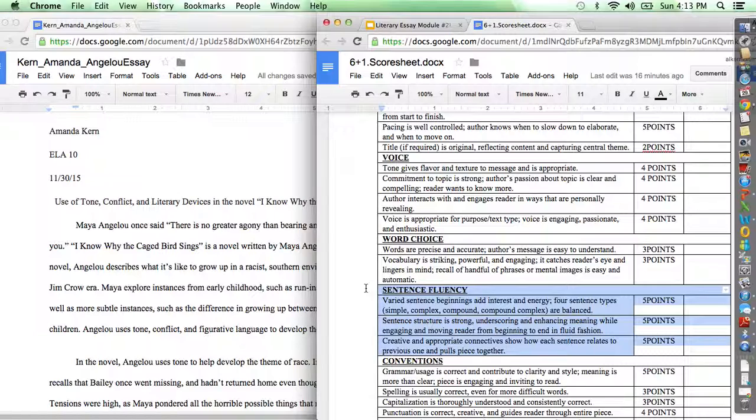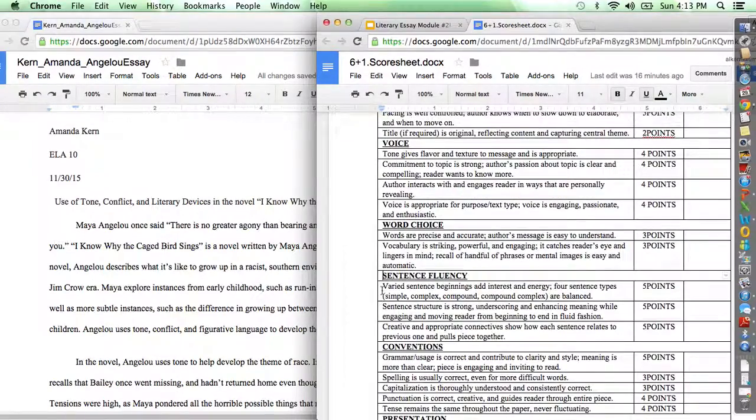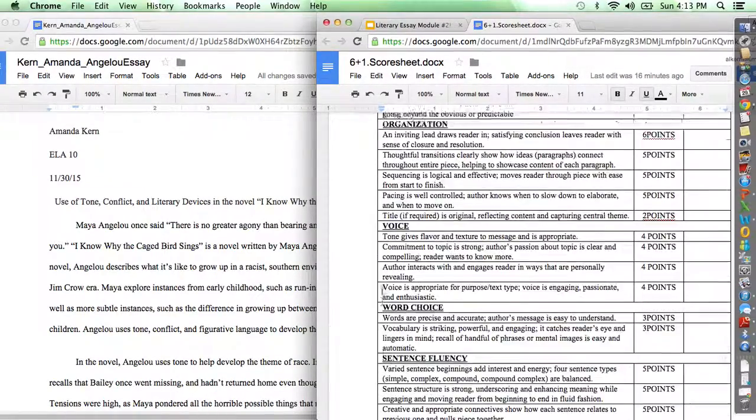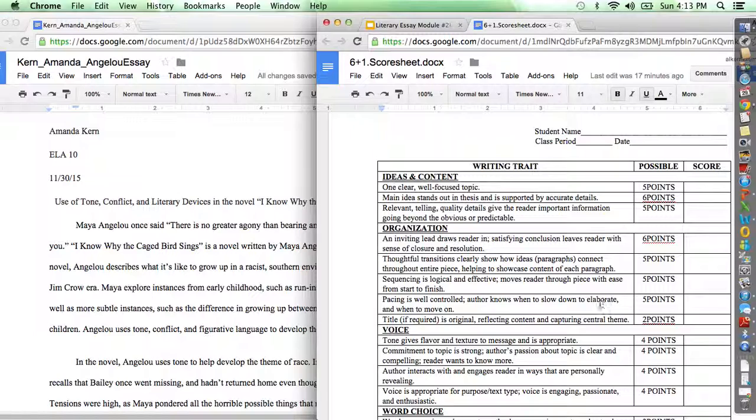So I'm going to spend some time going over sentence fluency and making sure that my ideas aren't all over the place, that I'm using lots of different types of sentences, and that the reader is able to understand one idea and then the next idea based on how I structure my sentences. The other category I think I'm going to evaluate is organization.